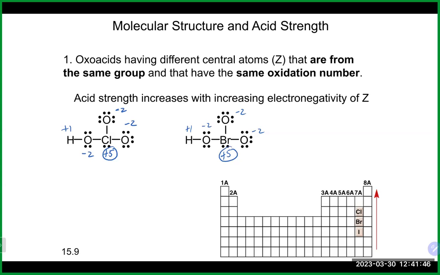Again, normally in an ionic situation, we think of Cl and Br as having a -1 charge, and that is true when it is an ionic compound and it gained all those electrons. In this case, it is actually sharing electrons with the oxygens.